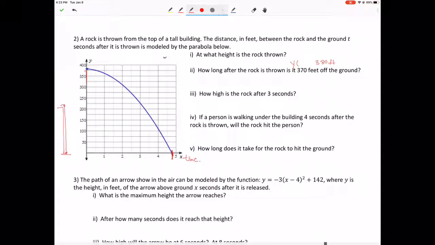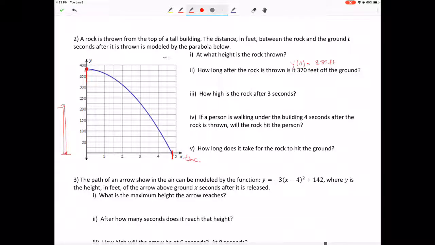It's a function of time, okay? So we're doing where time equals 0. If you plug 0 into this function or this graph that we drew, at 0, it's going to be this point at approximately 380 feet. Okay, so that's the height of the building.